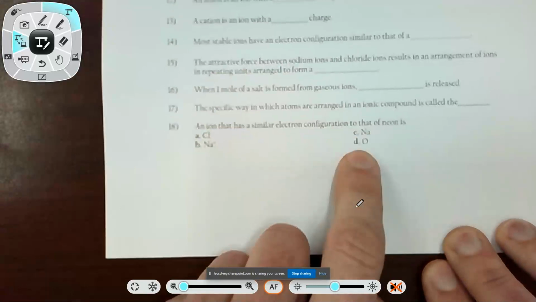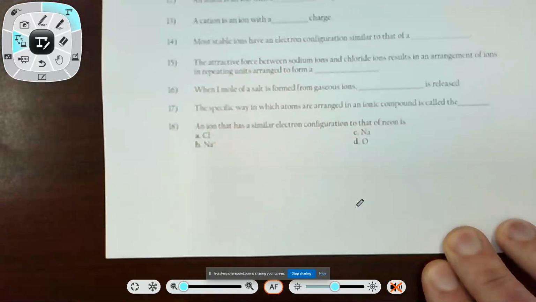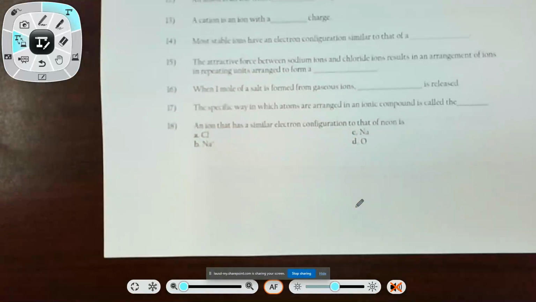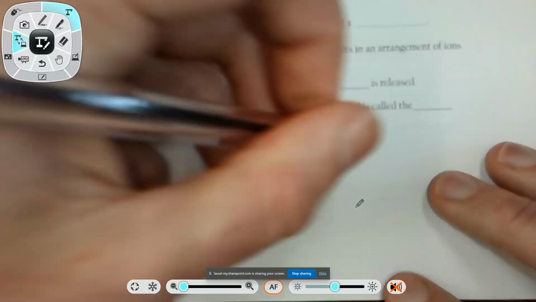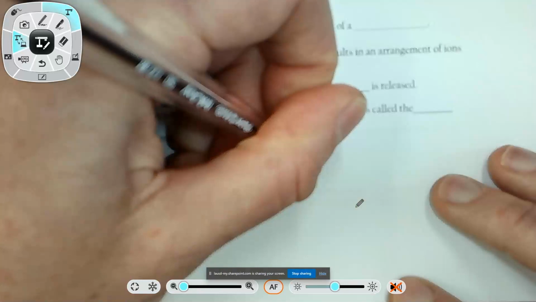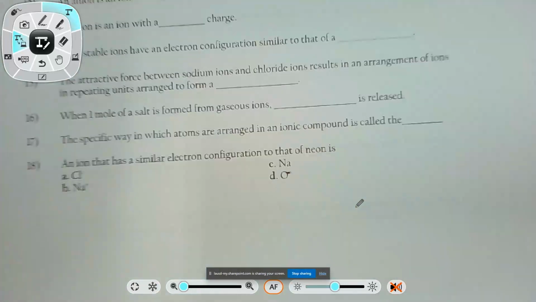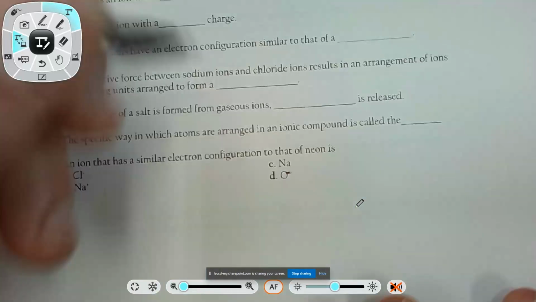And oxygen will gain 2 electrons. But we see here that on this sheet it's just a negative, so that's not actually the correct formula for an oxygen ion.